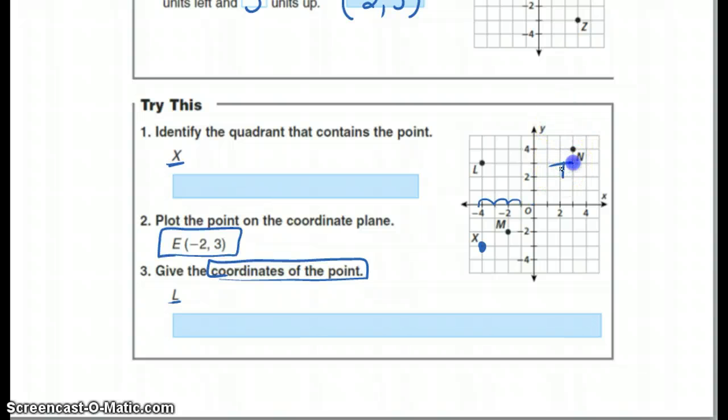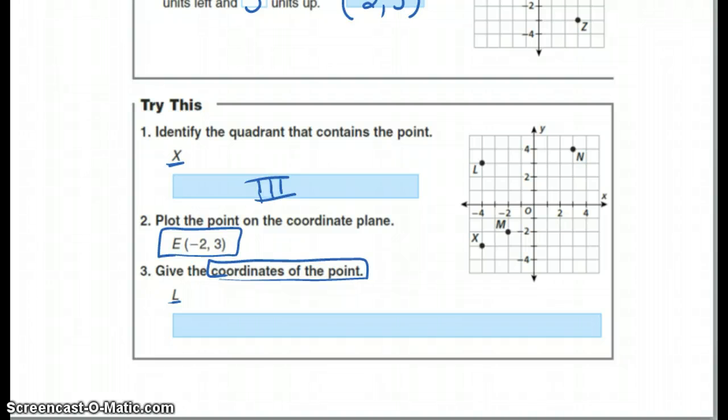Well, I'm just going to number 1, 2, 3, 4, and X is in quadrant 3. I need to read my directions better next time, don't I? All right, so if we're looking for quadrants, we only label our Roman numerals and then identify that.